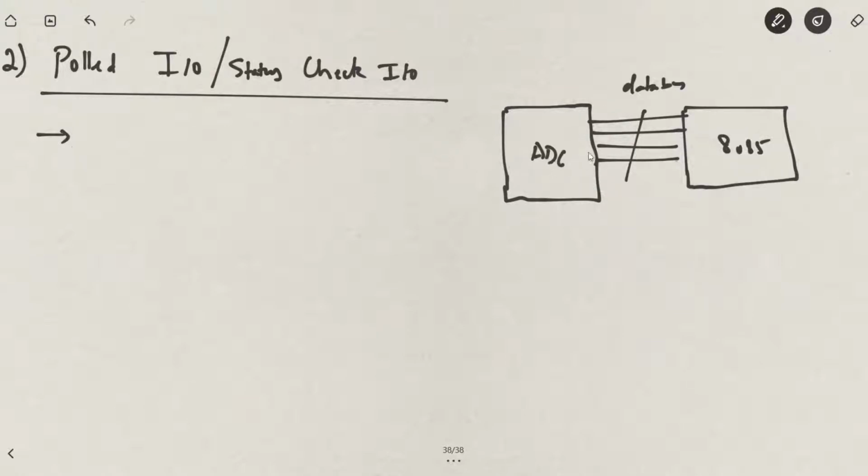Connecting the ADC and the microprocessor, the status of this device needs to be checked for communication between the ADC and the 8085 microprocessor. So the microprocessor checks the ready signal.